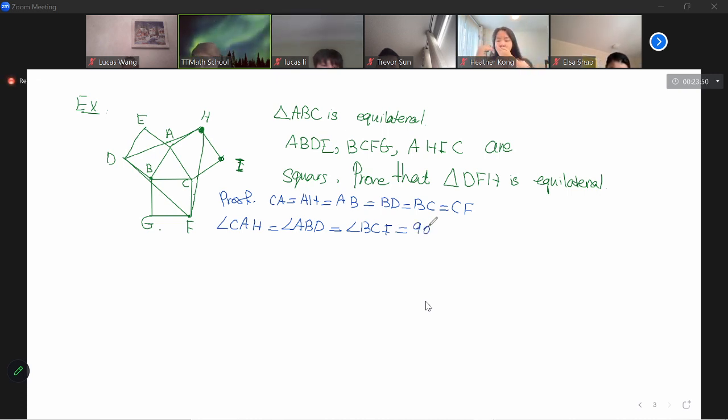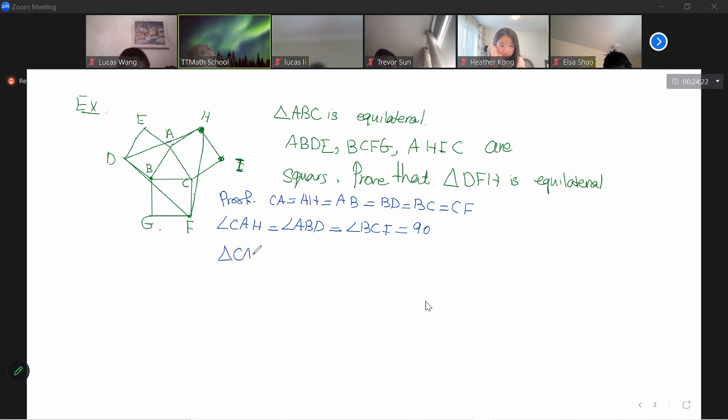I want to prove that the diagonals of these squares are the same, which seems obvious if you use the Pythagorean theorem, but let's assume we haven't learned it. So we want to prove that CH is equal to BF. We know that, but let's just prove it by using triangle similarity.